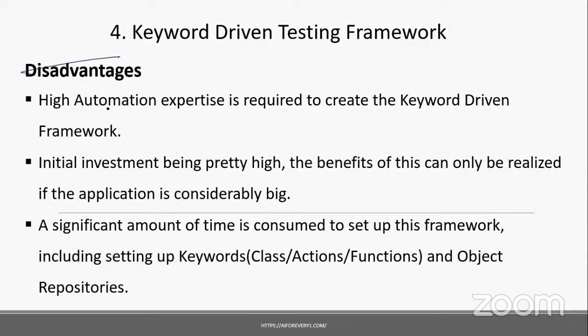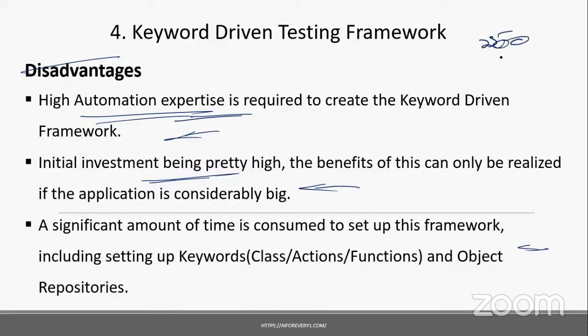And what is the drawback? You must have high automation expertise to create this, and the initial investment is very large. You have to put a lot of money into this, and a significant amount of time is consumed to set it up. For any project, you will have at least 200 keywords.